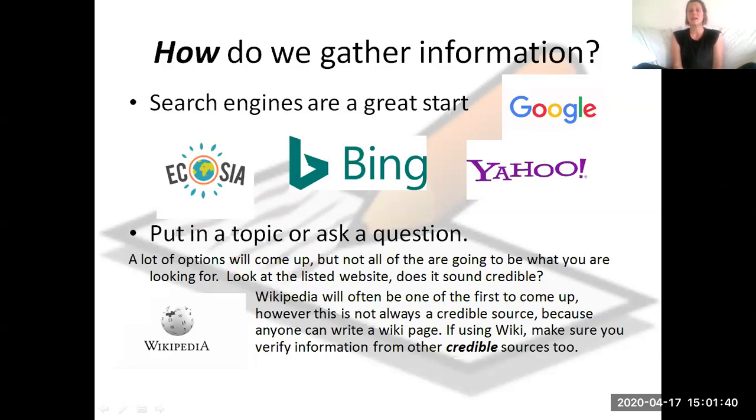So you might have a look at Wikipedia and gather some information, but it's really important that you're then backing those findings up with other sources. So you may verify some of the information or facts that you found through other sources, or you might just avoid clicking on Wikipedia pages altogether and just go with more reputable sources. But what is a reputable source? And I'm going to go into that shortly.